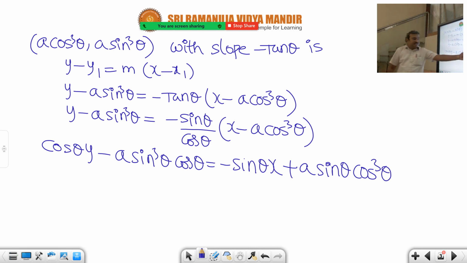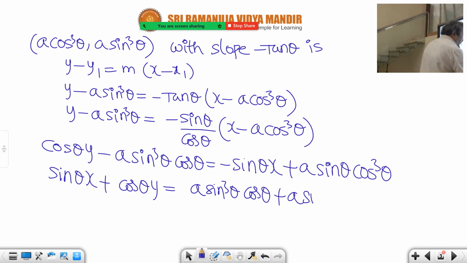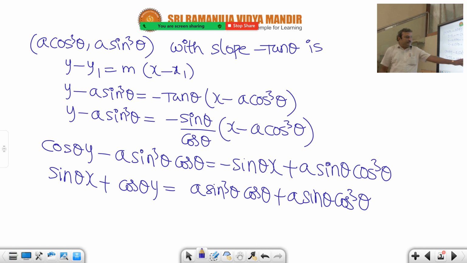From this, towards the left hand side, sin theta into x, next cos theta into y. Now towards the right hand side, a sin cube theta into cos theta, next a sin theta into cos cube theta. Correct? From these two, a sin theta cos theta is common.